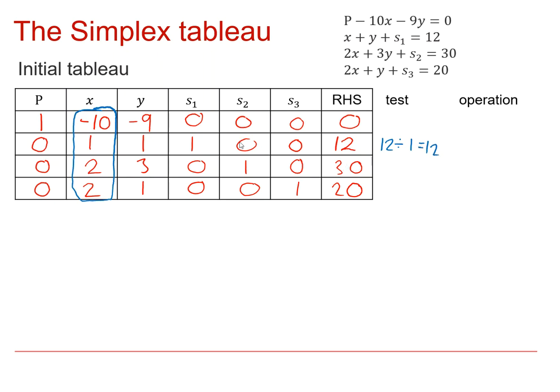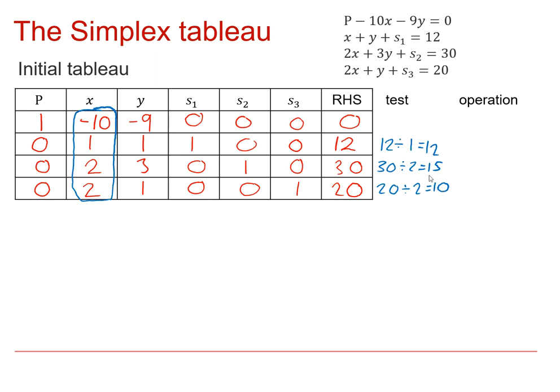Then I'll do 30 divided by 2, which is 15. So 30 divided by 2 there makes 15. And 20 divided by 2, which is 10. And what I'm then going to choose is, out of any of those numbers which are positive, in which case all of them are positive, but if there were any that weren't, so any that were either 0 or negative, I would ignore.